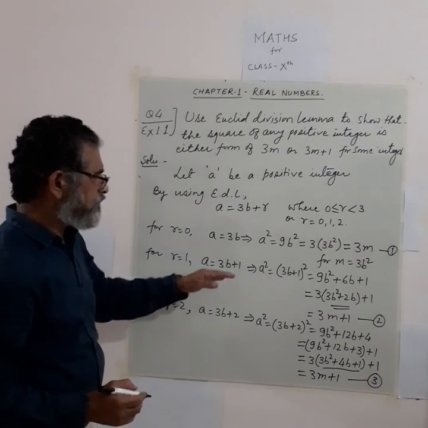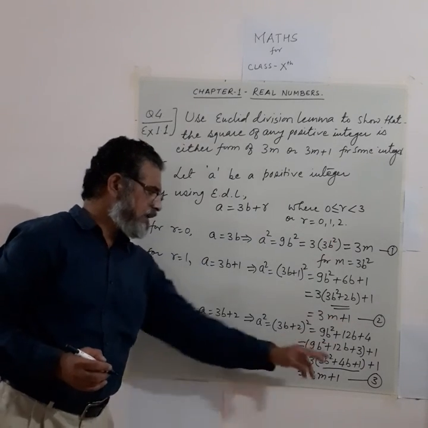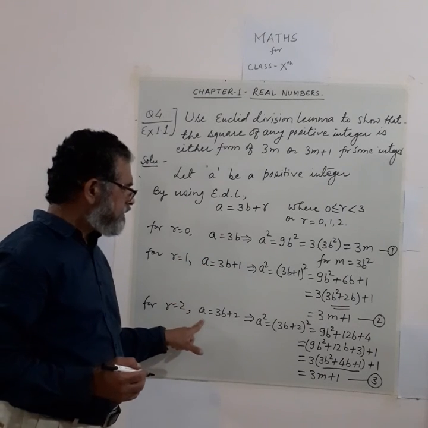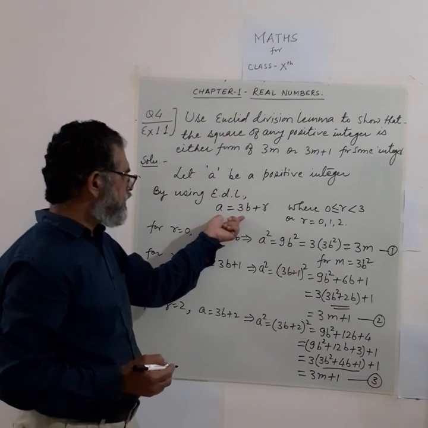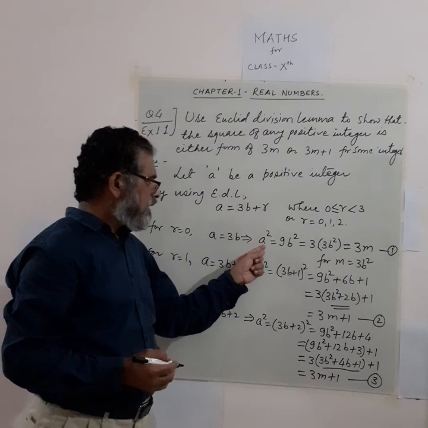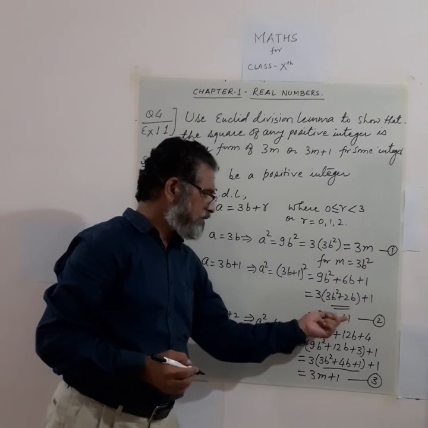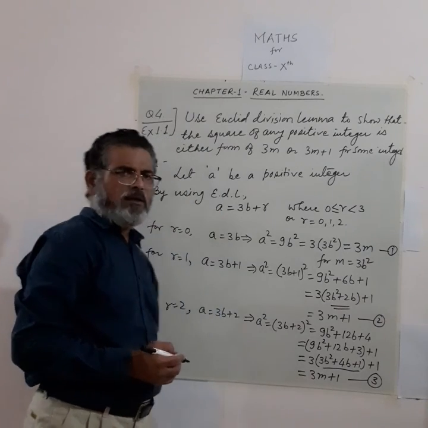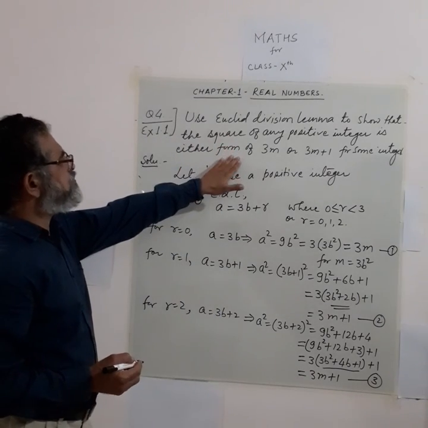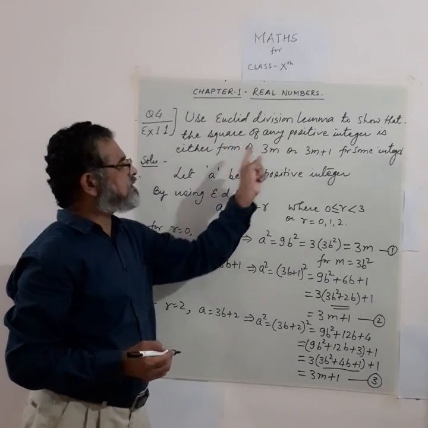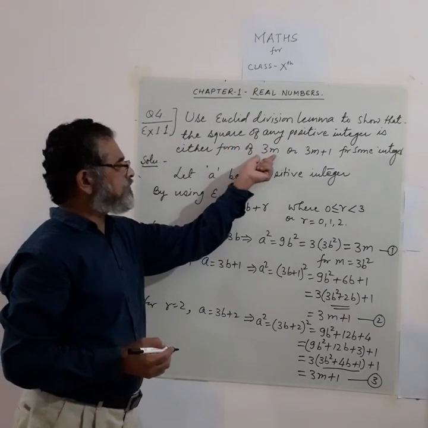Now from relations 1, 2 and 3, we find that the square of any integer of the form 3b plus r will be in the form of either 3m or 3m plus 1. Hence, it is proved that the square of a positive integer is either in the form of 3m or 3m plus 1.